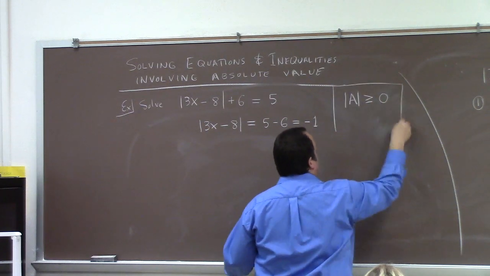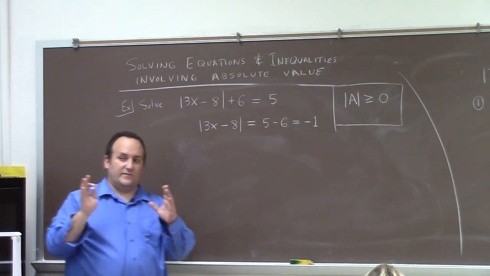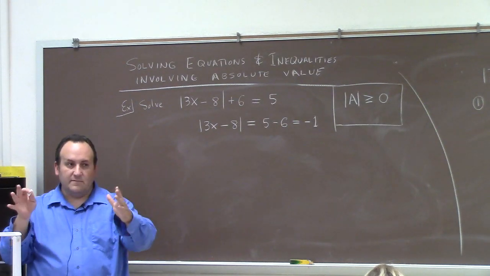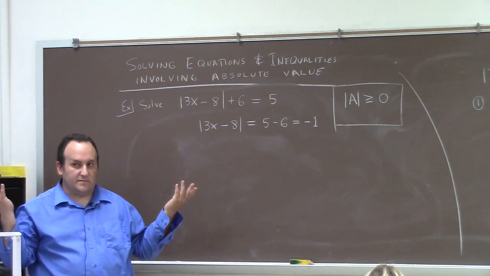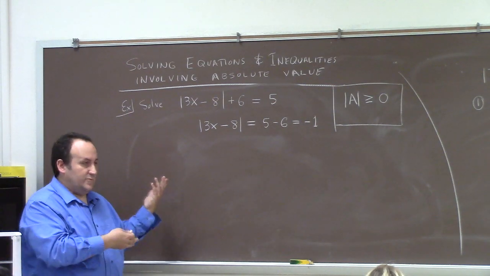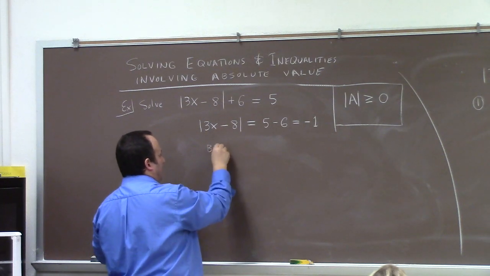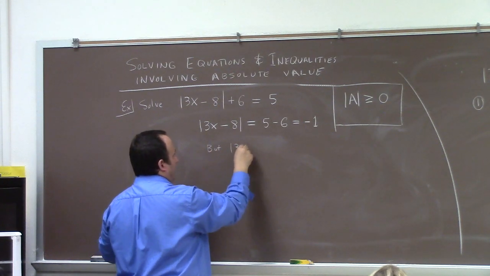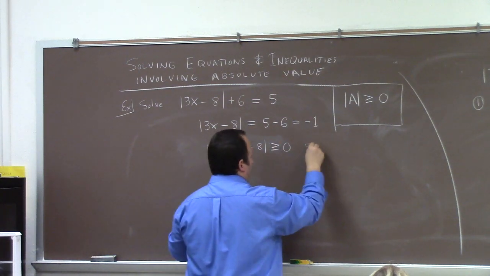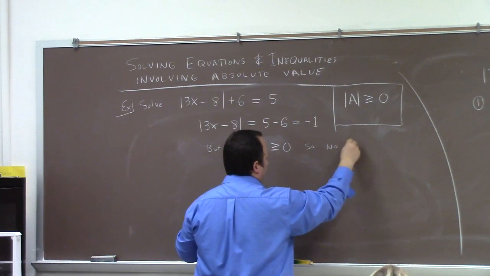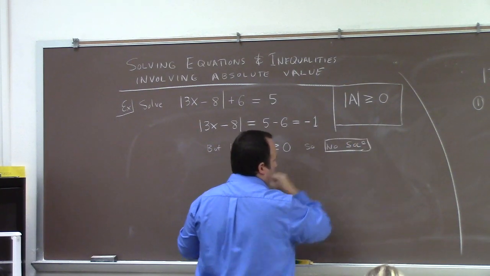So if I have an equation which is absolute value of stuff equals negative, game over, there's no solution. So that's it. We're done. No solution.